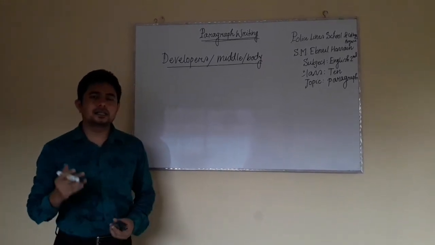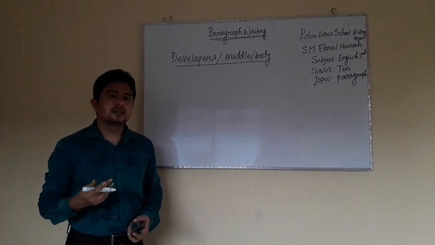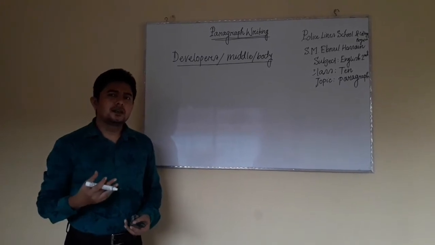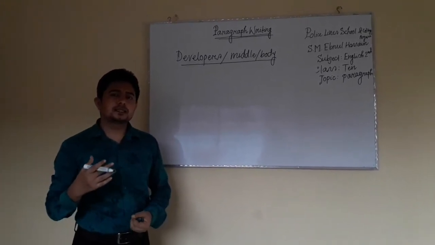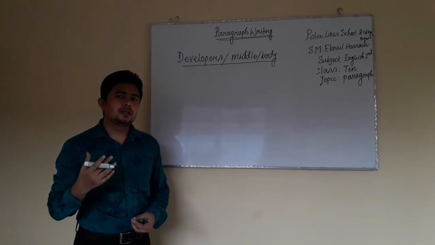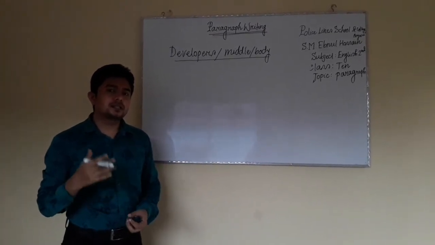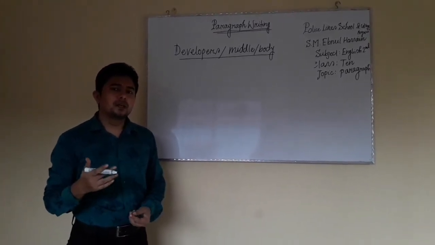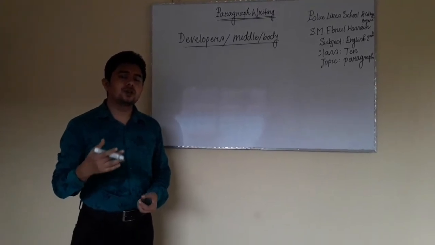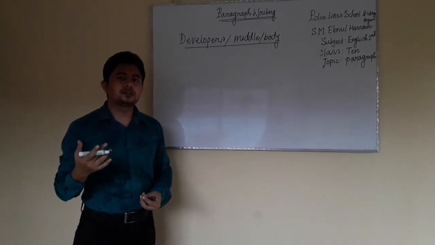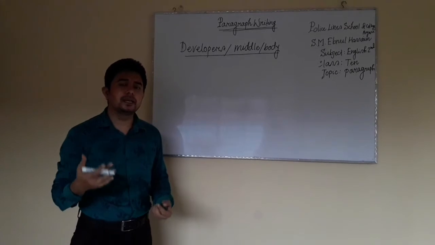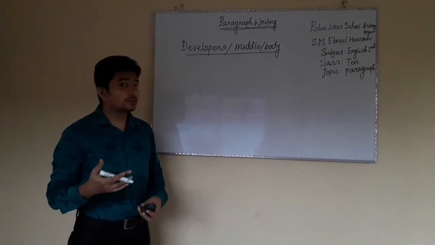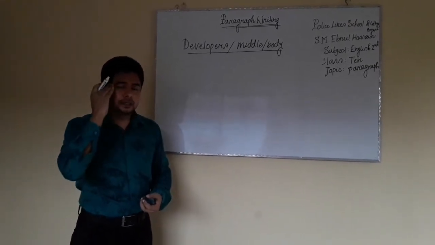Developers are the supporting sentences. These sentences will support the central idea, that is the topic sentence. All the sentences in the paragraph which support the topic sentence are called developers, or the middle or body of the paragraph.